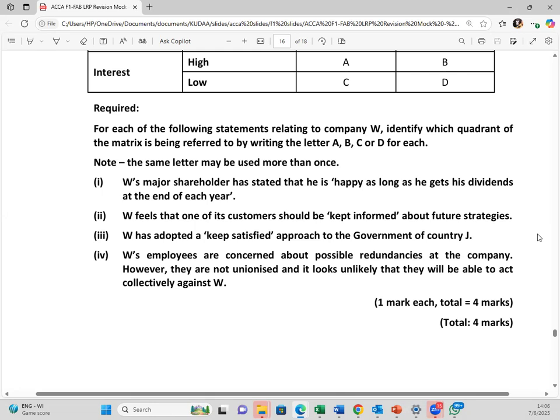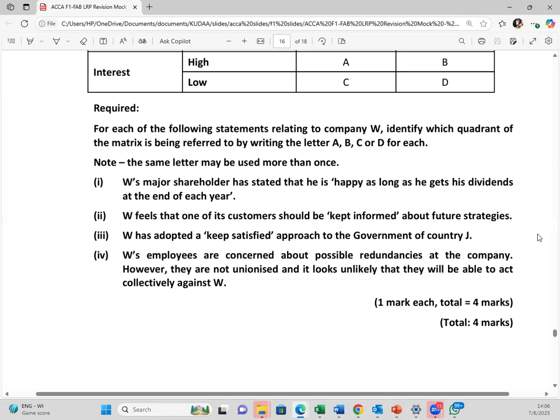Coletta is saying A, high interest and high power. Is that so? He's happy as long as he gets his dividend. How many things is this shareholder interested about?